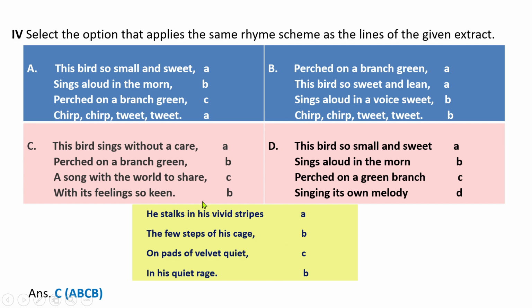Care, of course, matches with share, but I have marked it C deliberately because it is the nearest option that agrees with the rhyme scheme of the given text. Keen rhymes with green, and we can mark it A, B, C, B.